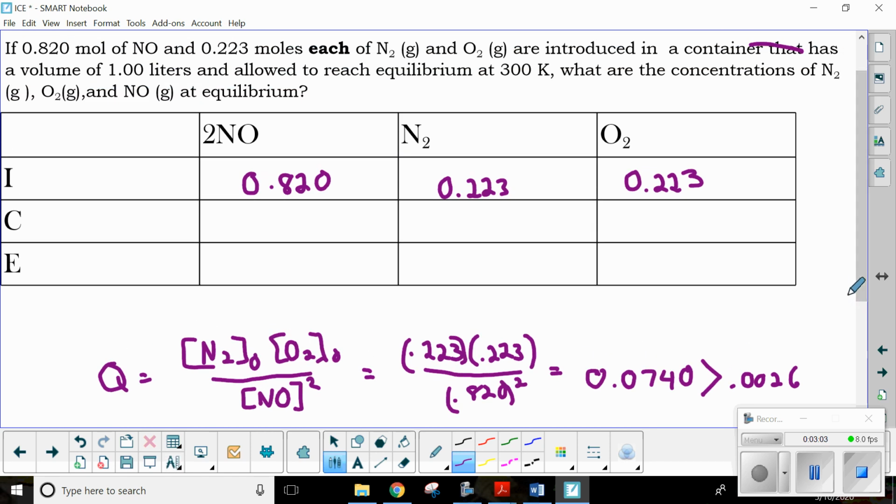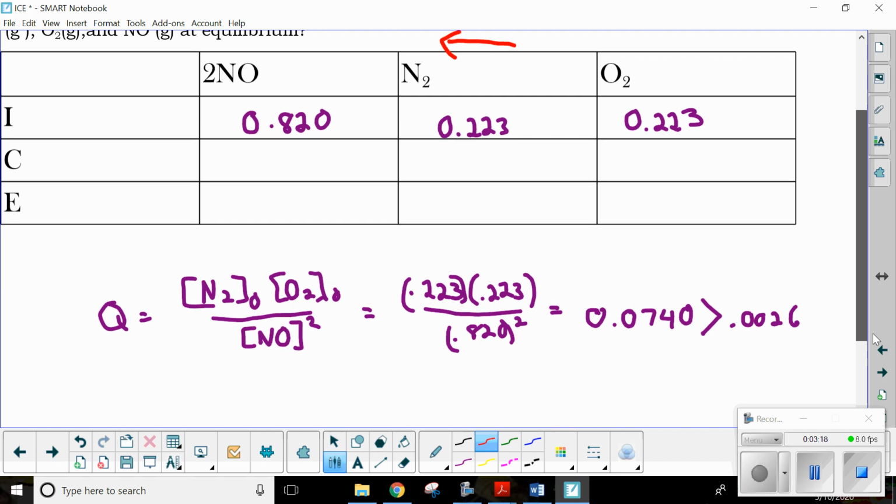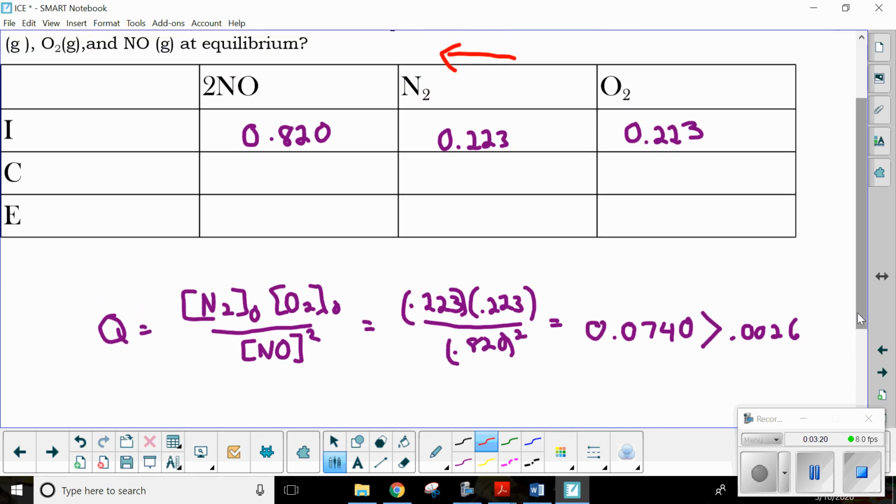That means the concentration of the reactants has to increase. So we're going to shift to the left, to the left, to the left. That means we're going to add some NO, and we are going to subtract some N2 and O2. So I'm going to add here, and subtract here and here, because I'm shifting to the left.